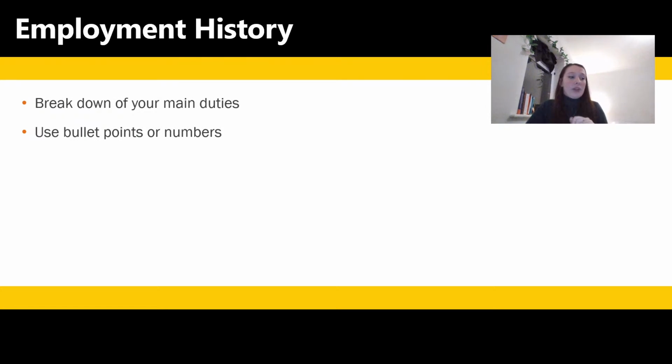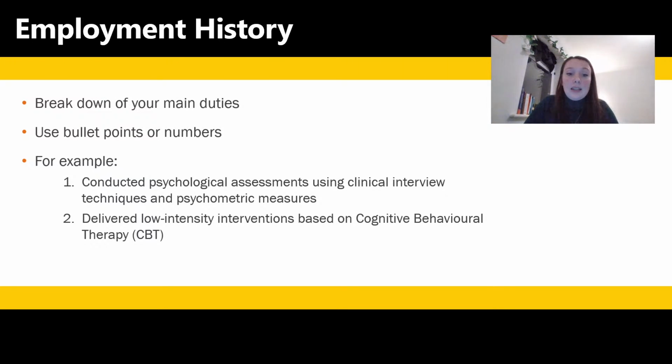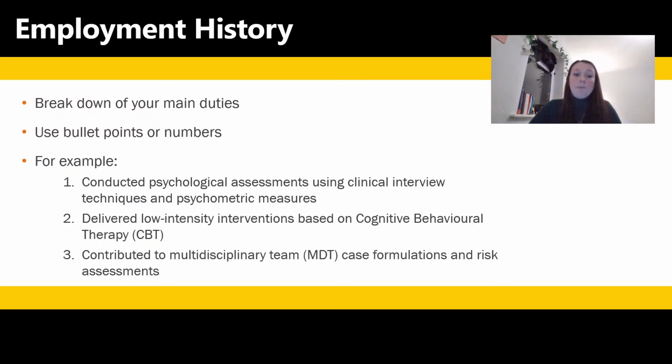For example, this is one of the examples that I've got on mine, or very similar to it. Conducted psychological assessments using clinical interview techniques and psychometric measures. Delivered low intensity interventions based on CBT. Contributed to MDT case formulations and risk assessments. So there you're making it really clear what you did in that role.